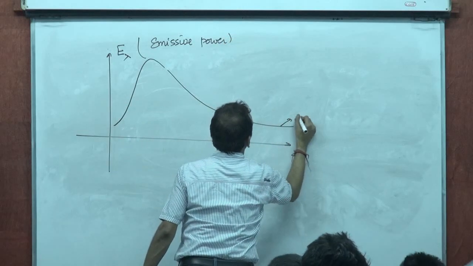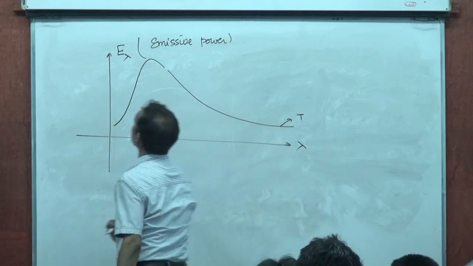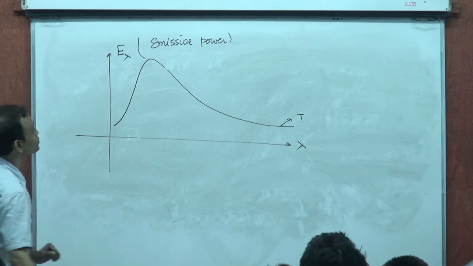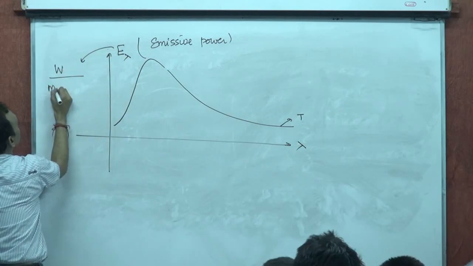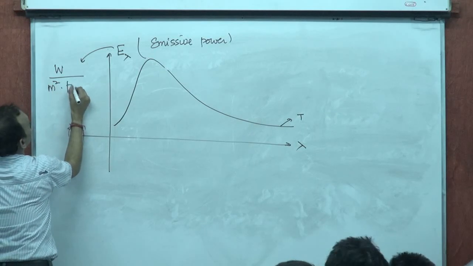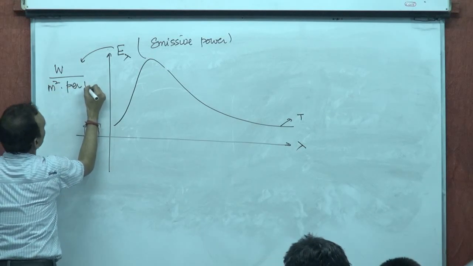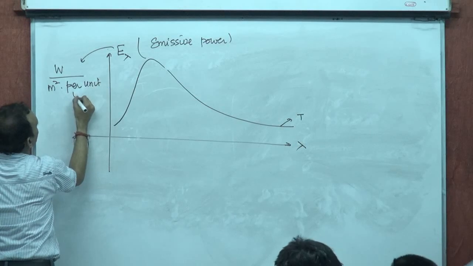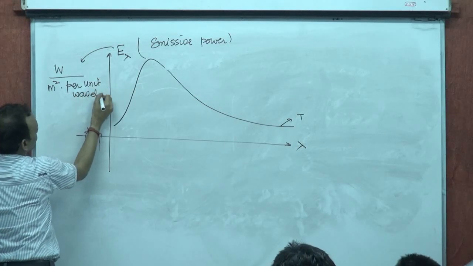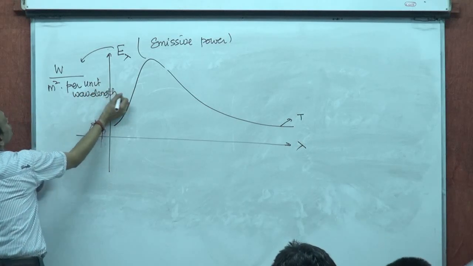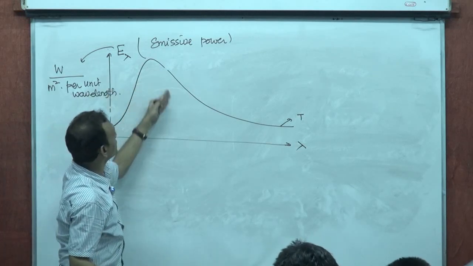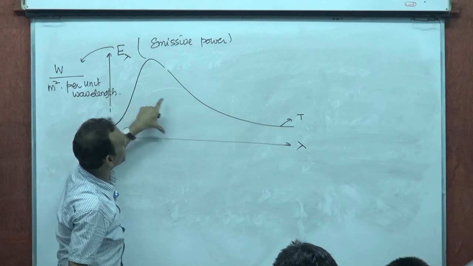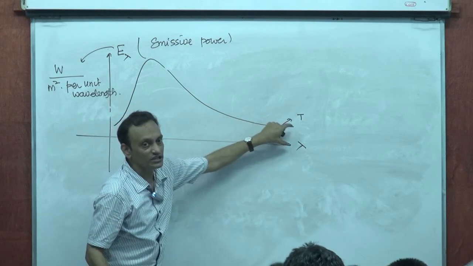At temperature T, as a function of wavelength lambda, this is like watts per meter squared per unit wavelength. Let me explain what this E lambda actually means.